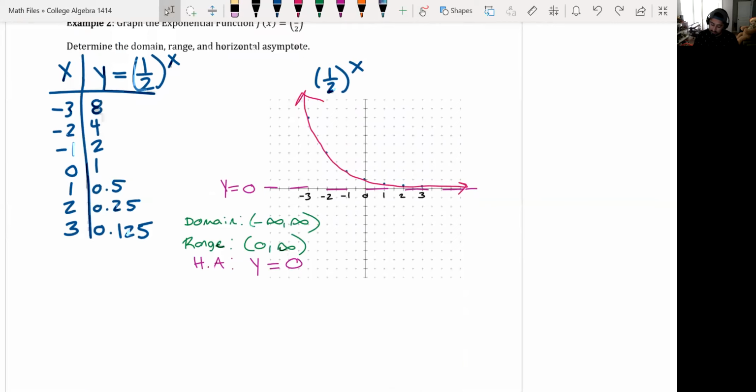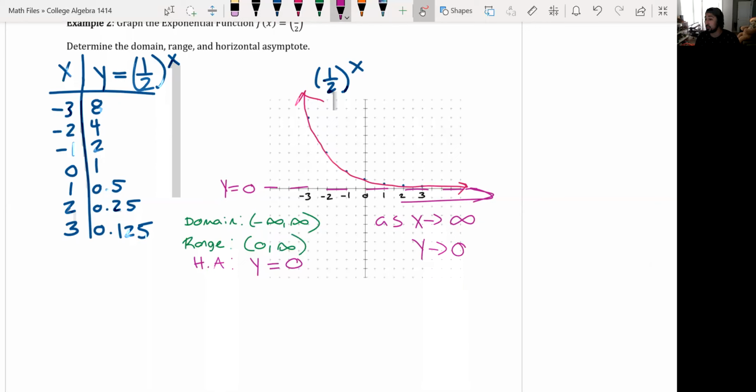So all that says is as x approaches infinity, so as x heads out this way, your y values get closer and closer to 0. We see that. They'll never touch, but we assume that at some point in time, we can just round and assume it approaches 0.